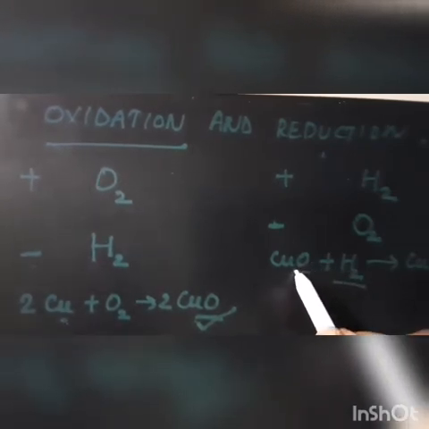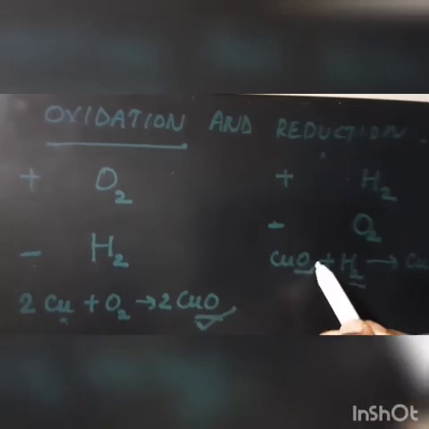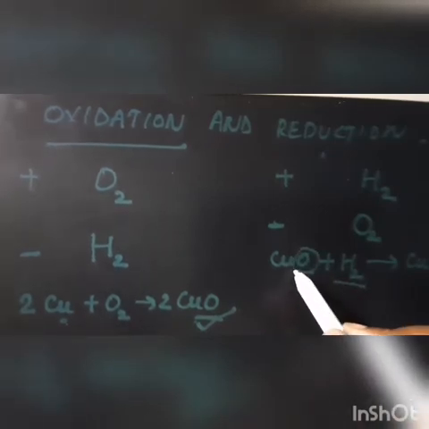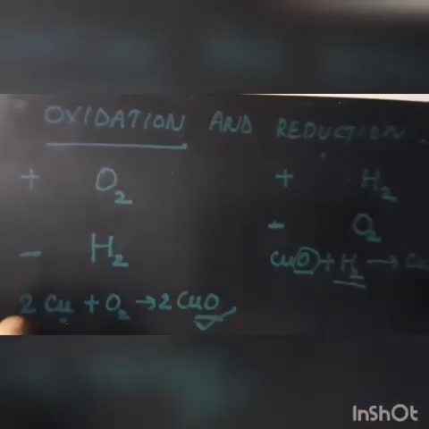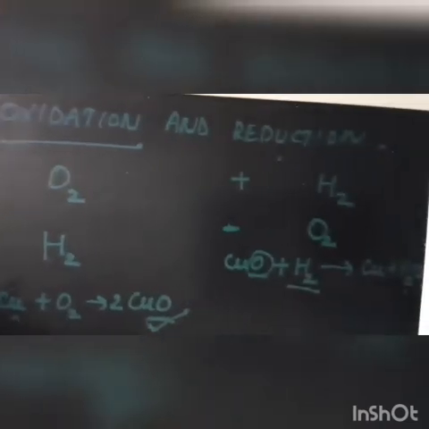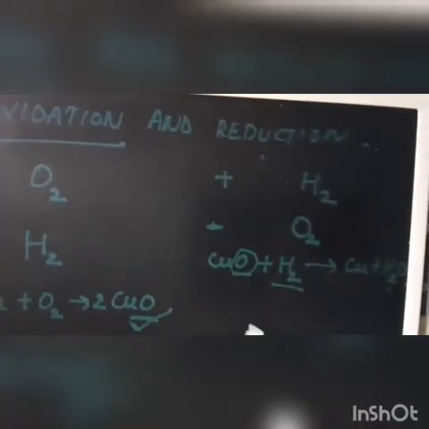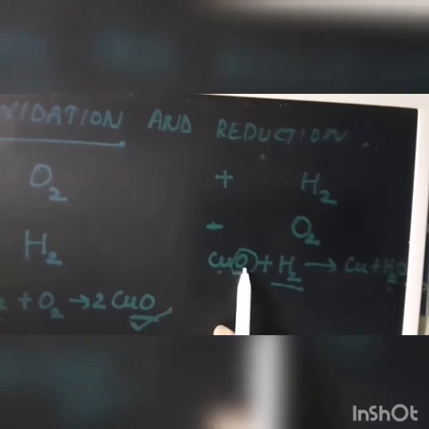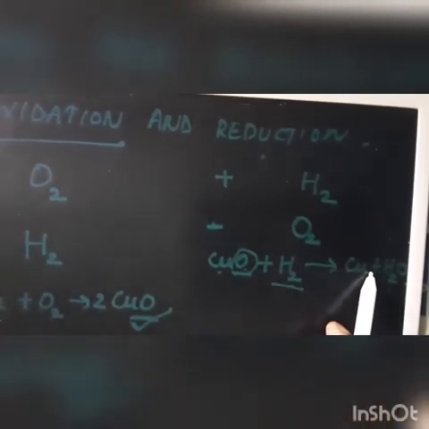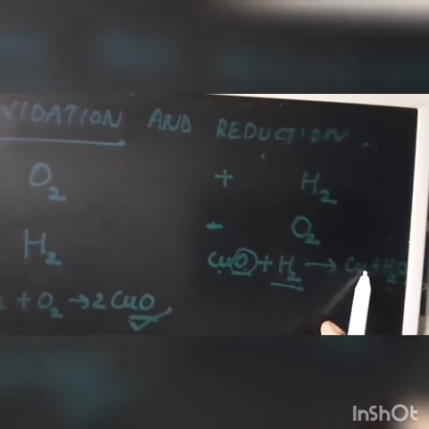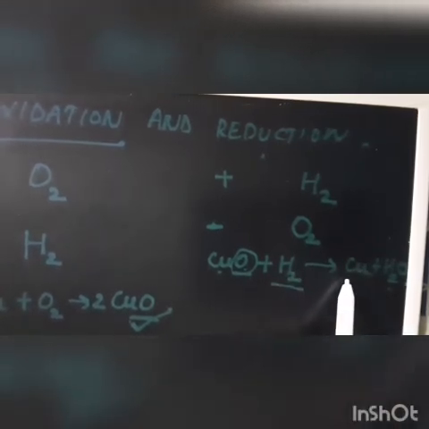Here you can see oxygen is removed. In cupric oxide, the oxygen was there, but in the product that oxygen is removed. Removal of oxygen is called a reduction reaction.